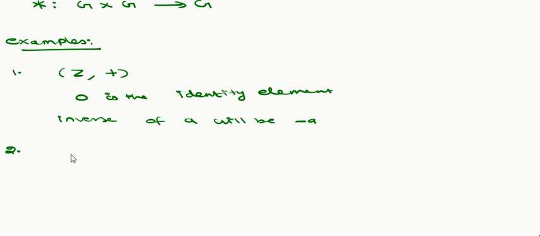The second example: we can take Q comma plus, the set of all rational numbers together with the operation addition, is a group. Here also 0 is the identity element and the inverse of A will be minus A. Let us see in detail.